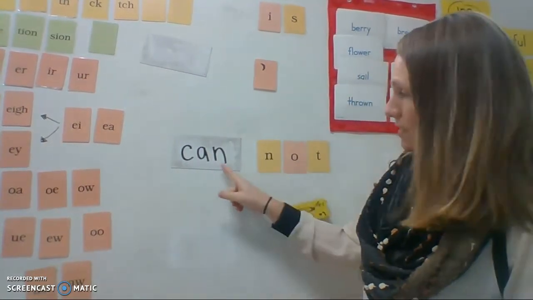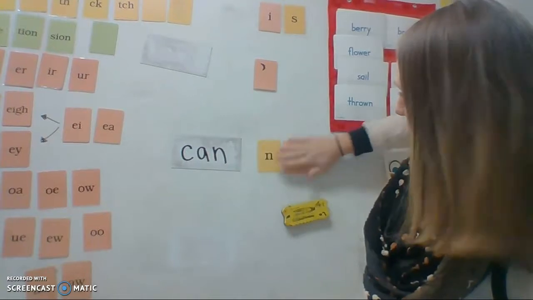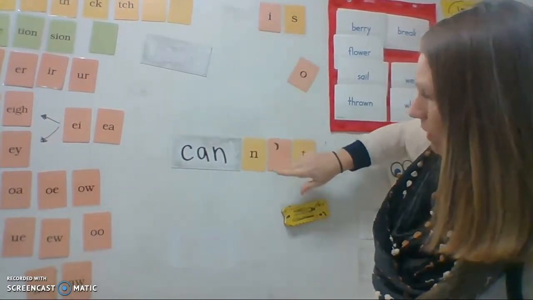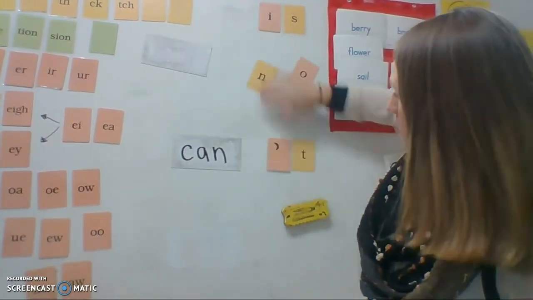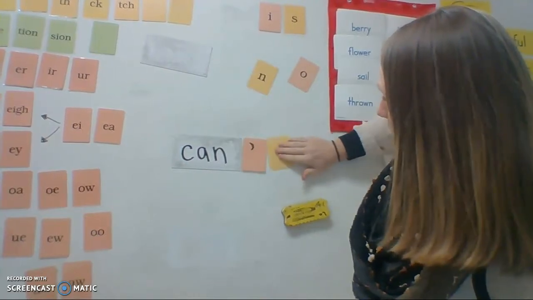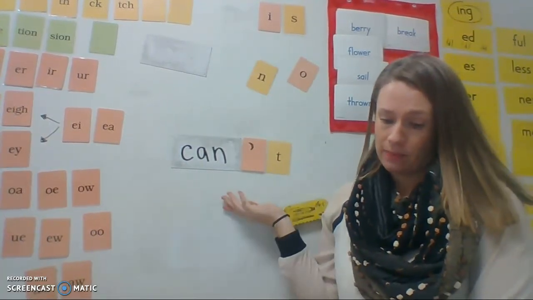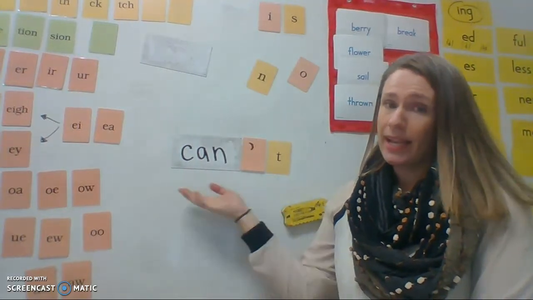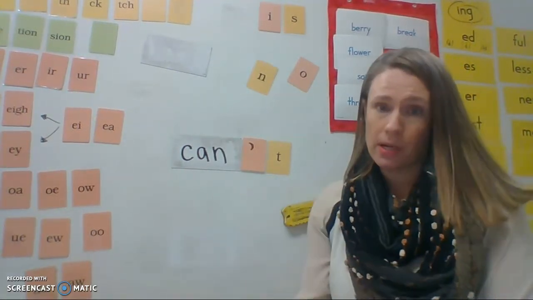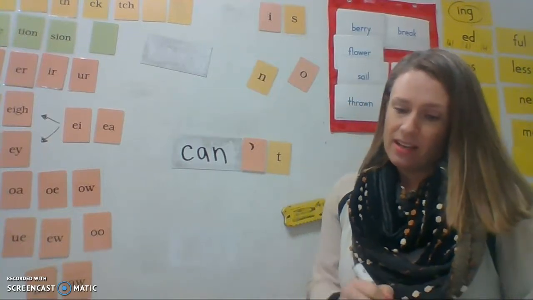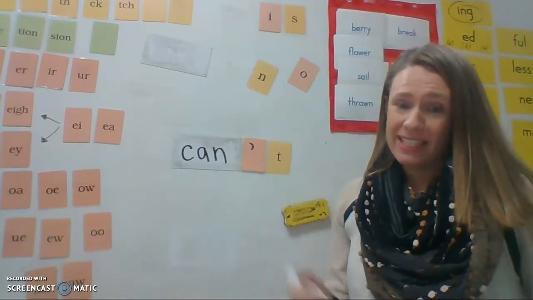When we do this, since can ends in N, not only do we get rid of the O, but we get rid of the N. That would look funny to have two N's. So we get rid of the N and the O, and it's just apostrophe T to say can't. Okay, I can't believe there's so many tricky parts to the English language. Can I hear you use the word can't in a sentence?